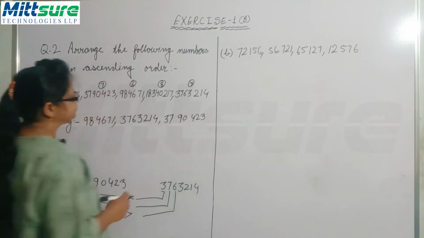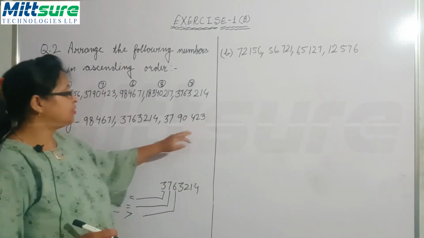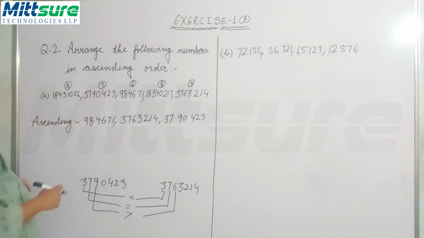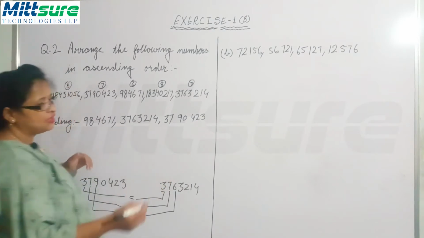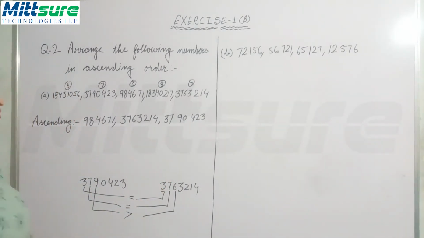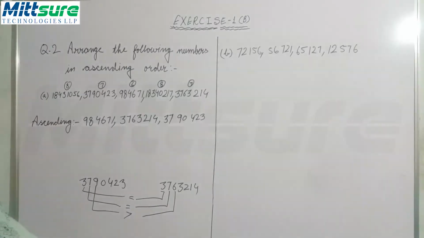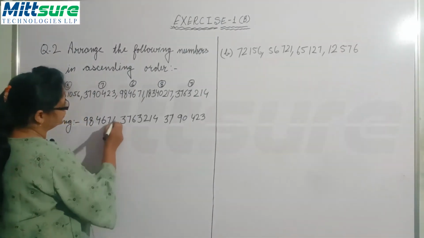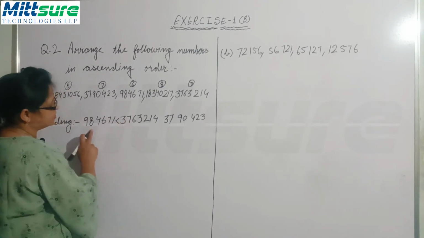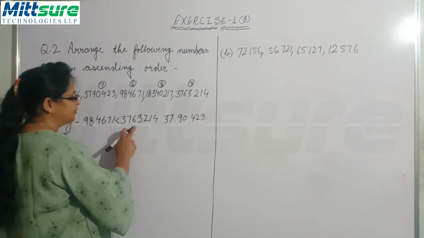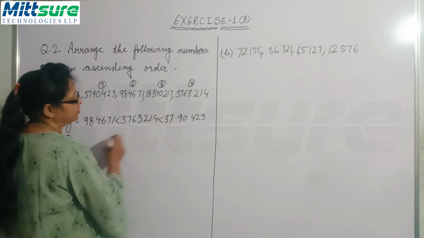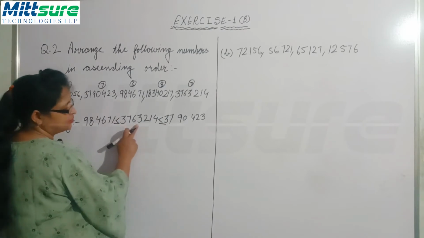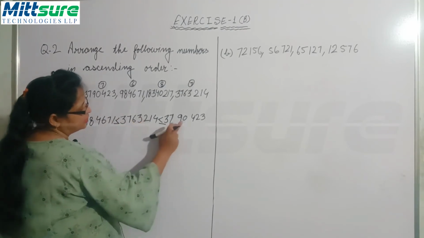This is our next number, greater than the previous number. Now here we should put the sign of greater than. This number is lesser than, and this number is greater, and we have to put the sign. This is showing that this number is lesser than this number, and this number is lesser than this number.